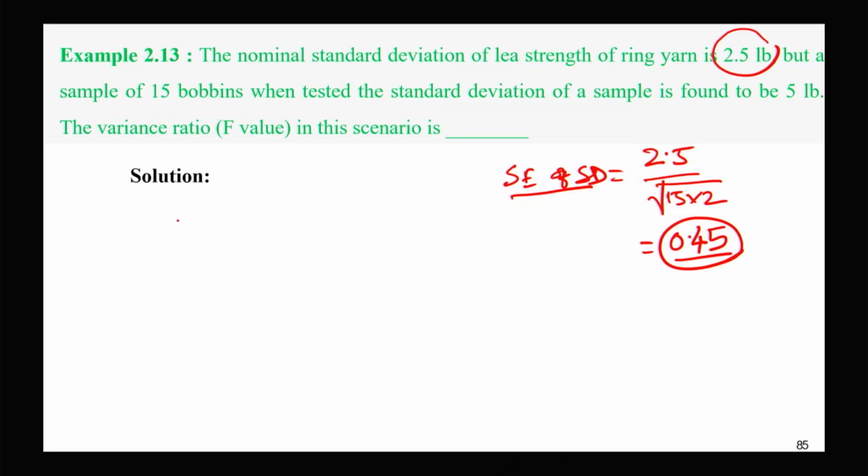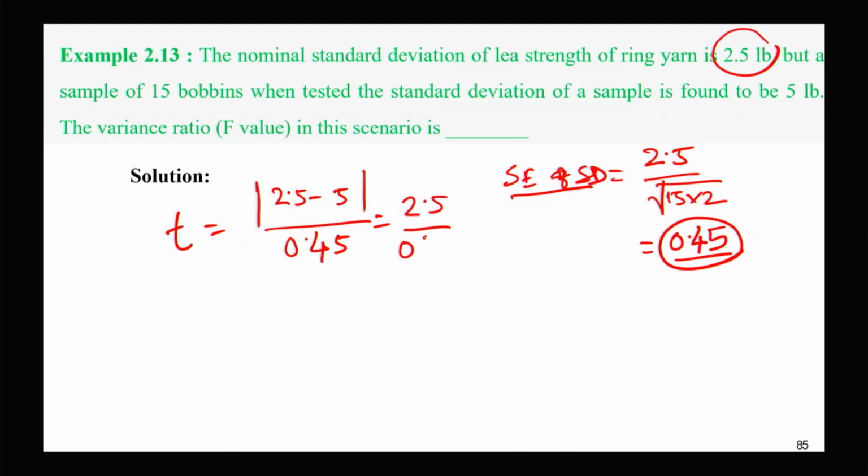Now let us calculate the t value. T will be 2.5 minus 5 divided by the standard error 0.45. So 2.5 divided by 0.45, this will be 5.5. So this is higher than the table t value that we can check from the t table.